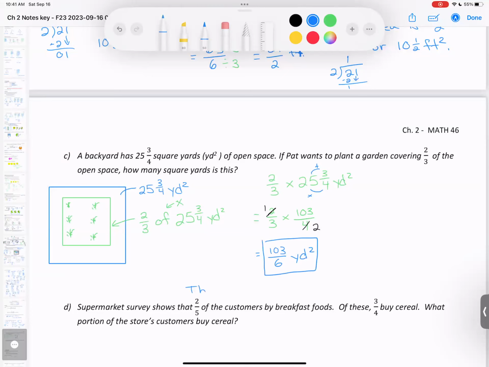So the garden will be 103 over 6 yards squared. And if you wanted to convert it to a mixed number, we could also do that. We would do 103 divided by 6. And what do we get here?